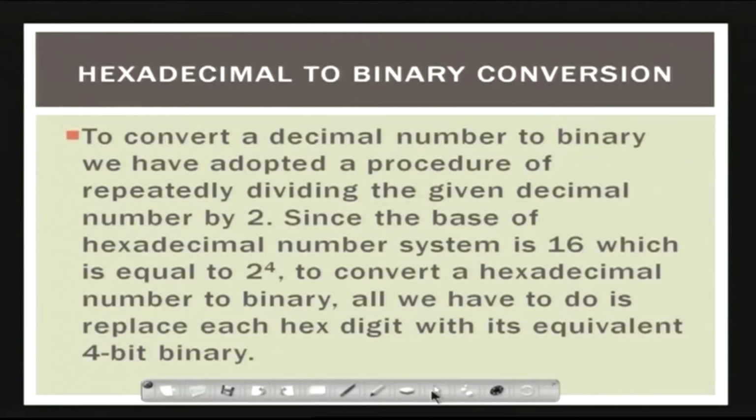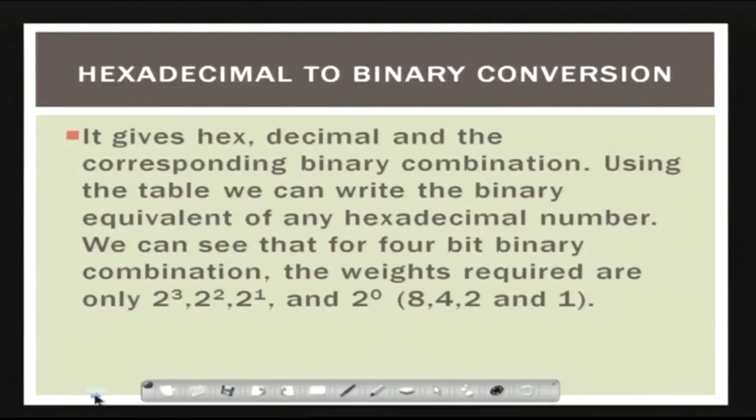So, to convert a hexadecimal number to binary form, all we have to do is take the digits and write the binary number with 4 bits in each group. In each group there should be 4 bits, and the weights of the bits will be 2 power 0, 2 power 1, 2 power 2 and 2 power 3.